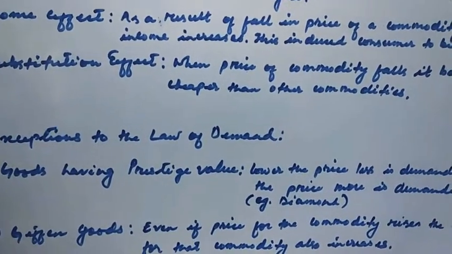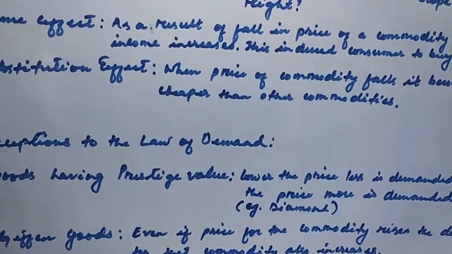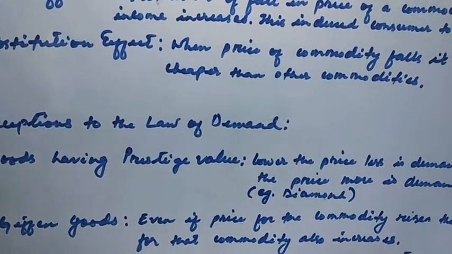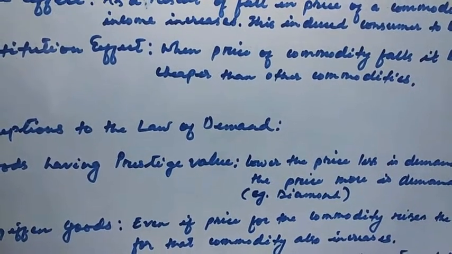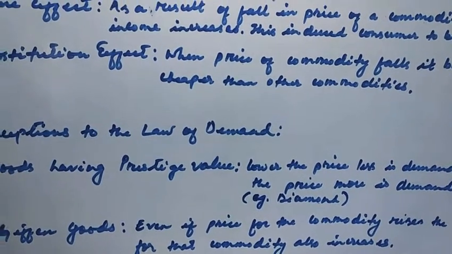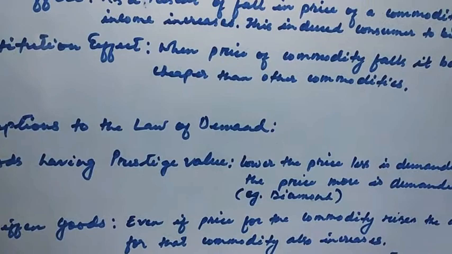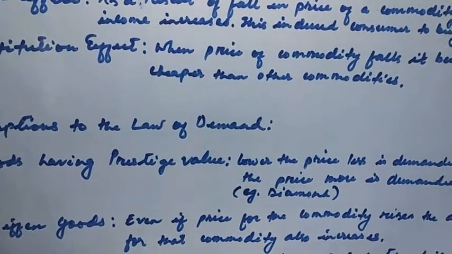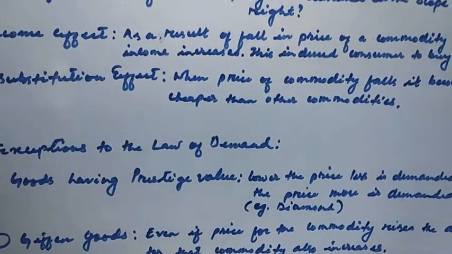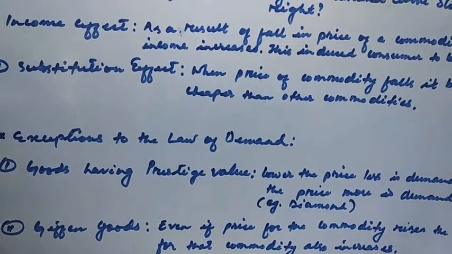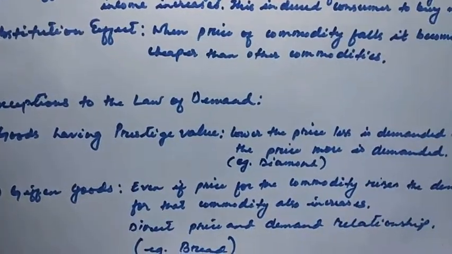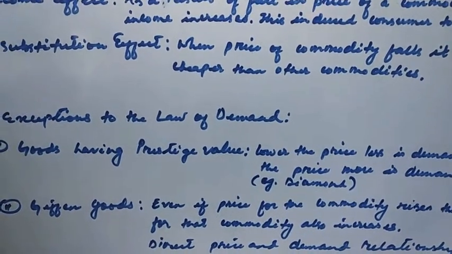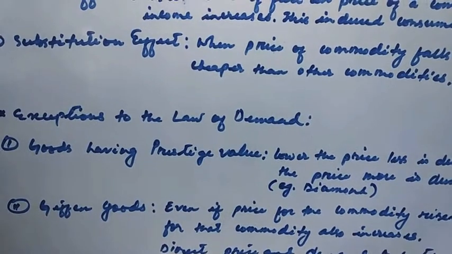What about market demand? There is an additional reason why the market demand curve for a commodity slopes downward. When the price of a commodity is relatively high, only a few consumers can afford it. But once the price of a commodity has fallen, more consumers will enter the market and start buying that commodity.